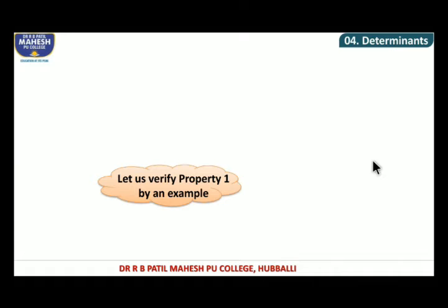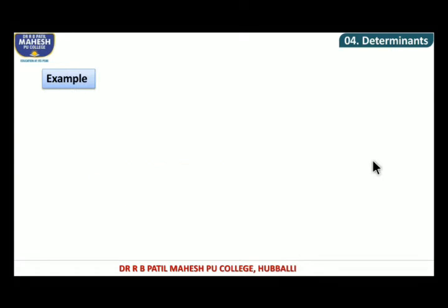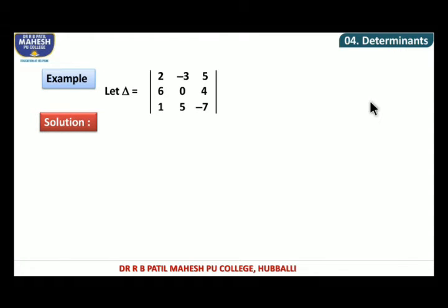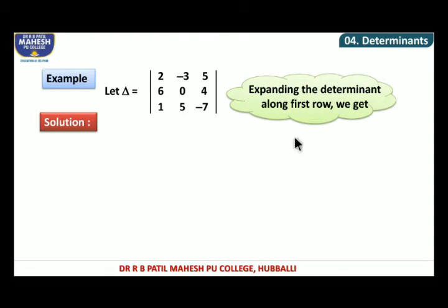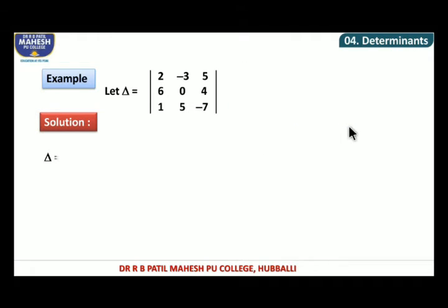Now we will take one example to verify this property one. So let us consider the example. Let delta be equal to the determinant 2, minus 3, 5, 6, 0, 4, 1, 5, minus 7. Expanding this determinant along the first row, the first element is 2 and the sign is plus, for the second element minus, and for the third element plus.